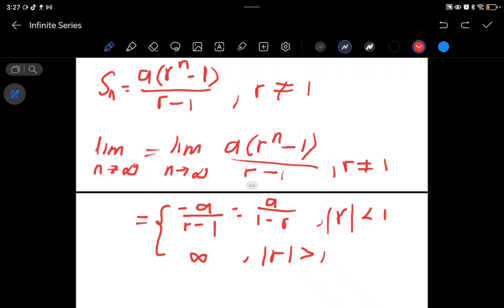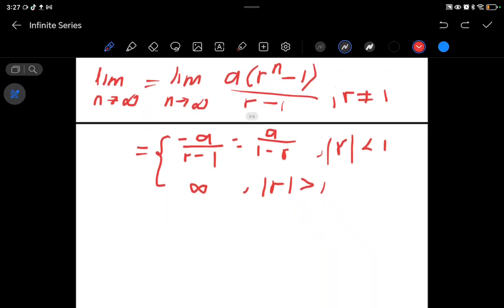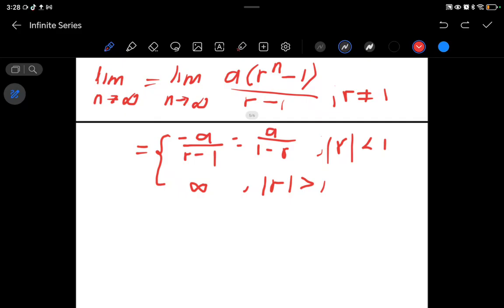So now you see this tells us that the geometric series, so let me write the summary here.